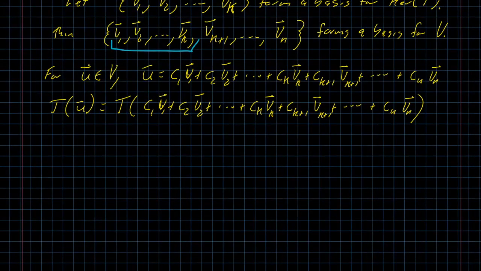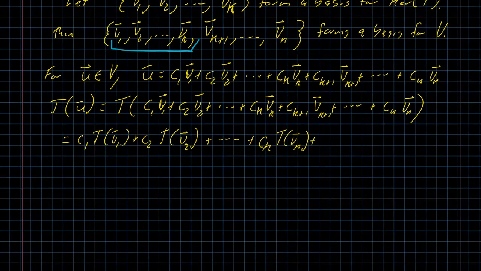And since T is a linear transformation, it preserves linear combinations, and I can spread this out: c1 times T of v1, c2 times T of v2, ck times T of vk, ck+1 T of vk+1, cn T of vn. All right, I fit that all on the screen.